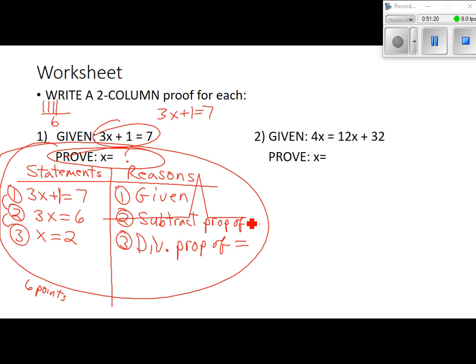Maybe you don't understand the properties. I hope you do, but maybe not. So you missed both of those. You still got 4 out of 6, which is a 67%. Which is better, 67% or 0%? By a lot. Try the second one.